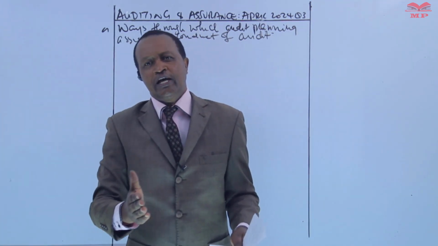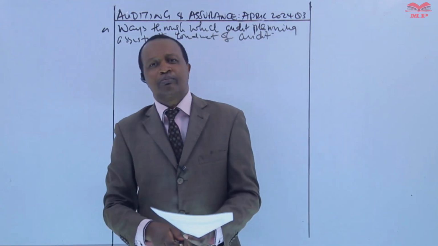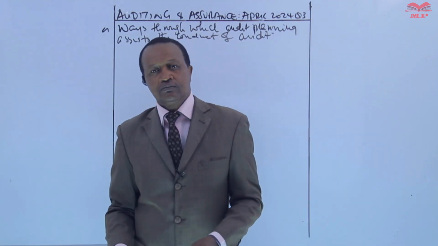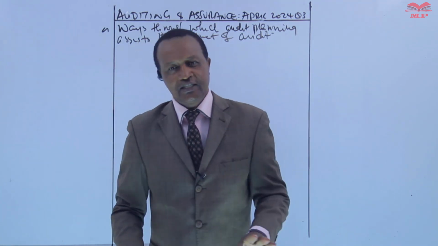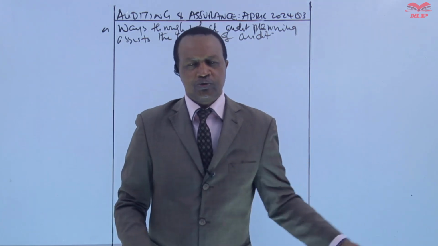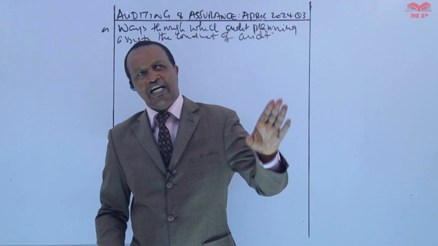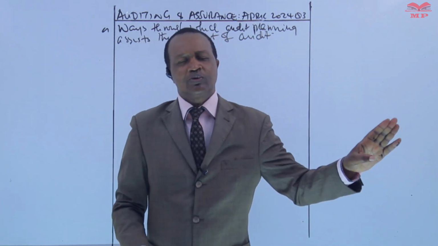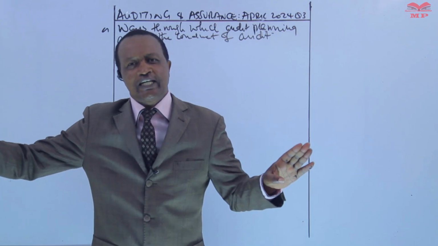But before embarking on the conduct of an audit, the auditor has to plan the audit. A plan, generally speaking, is a predetermined course of action. You determine in advance what you are going to do, what actions you are going to take.